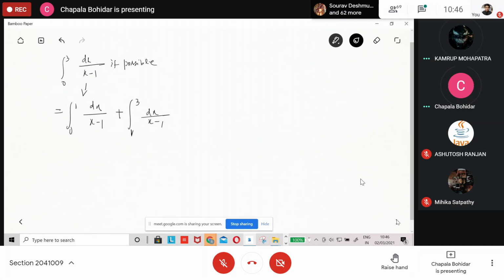Now again you see that it is not defined at x is equal to 1 here on the upper.